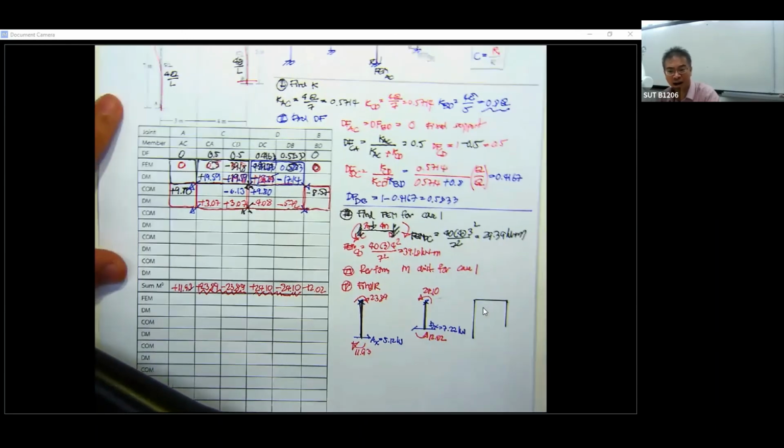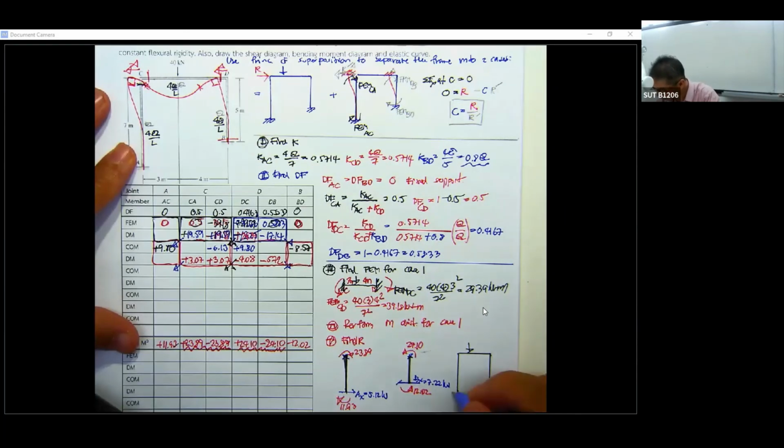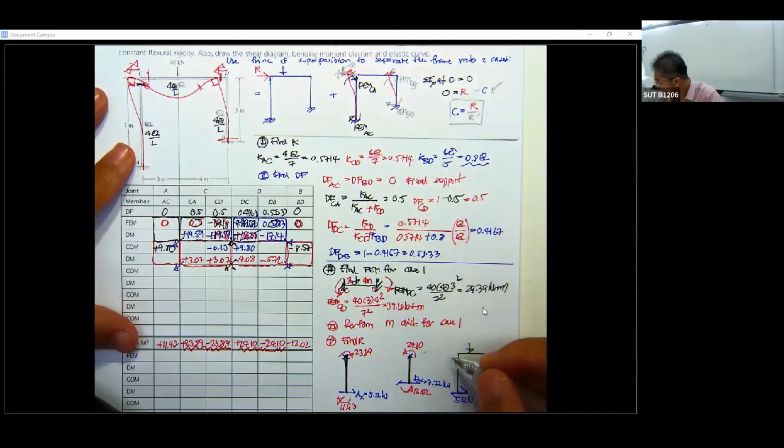Just take it, and it has this 5.12 kilonewton, and this one in the opposite direction, sorry, this one 7.22 kilonewton, and then you can do the summation to find the force R. This is going to be the R, and you take the summation of forces in x at this point C equal to 0.